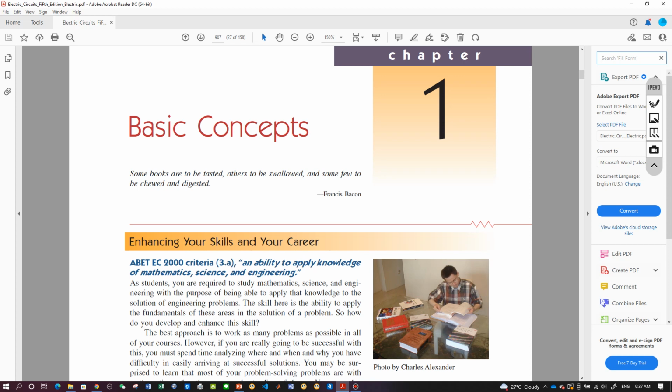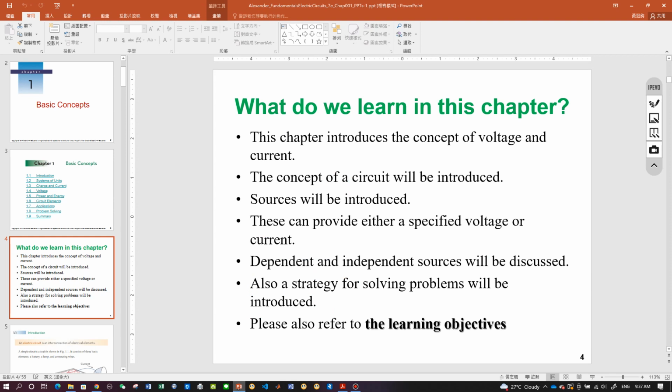For example, this basic concept, you will learn something from here. There will be something like this, but it is in color, so it is much more delightful to read the book. So this chapter introduces the concept of voltage.